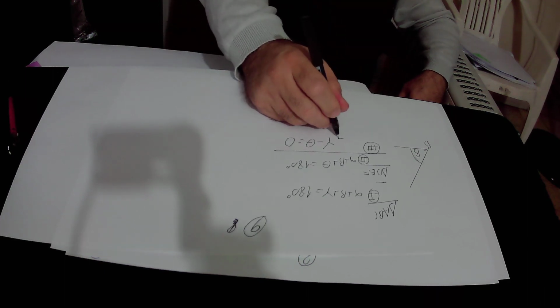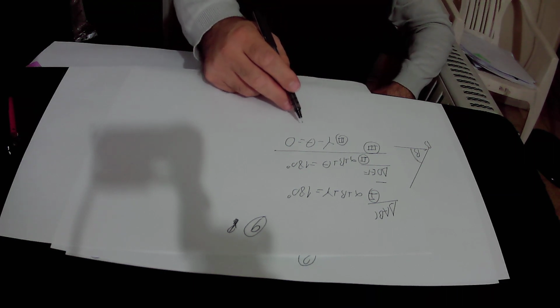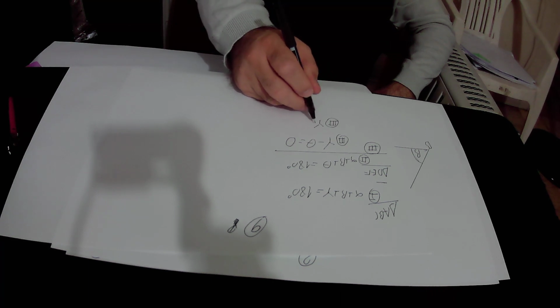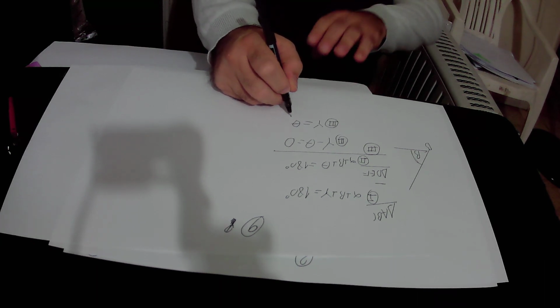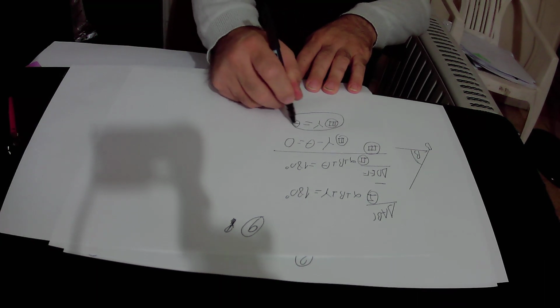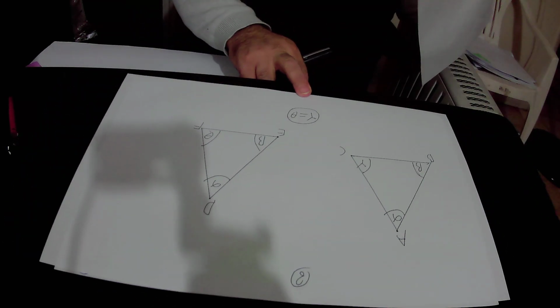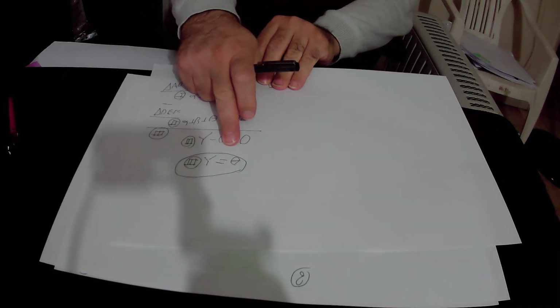Here we will add theta to equation number 3, and we will get that angle gamma equals angle theta. That is exactly what we wanted to prove. We wanted to prove that angle gamma equals angle theta, and we indeed proved it.